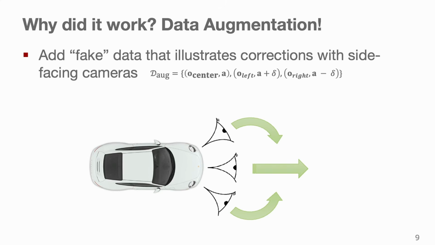And for the camera that's looking right, they labeled it all the time as steer left, right? So kind of creating these virtual actions. And this essentially tricks the model into learning a recovery policy without ever needing a human driver to actually crash the car during data collection. So this is quite a nice trick to add this fake data to simulate self-recovery behaviors.